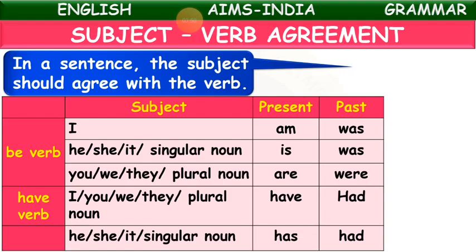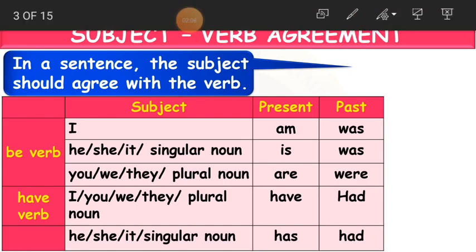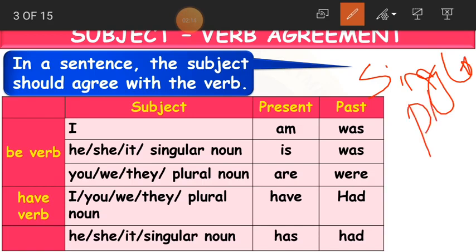Number here is not 1, 2, 3, 4, 5. I am talking about singular and plural number. So if the subject is in singular, then the verb also must be in singular form.